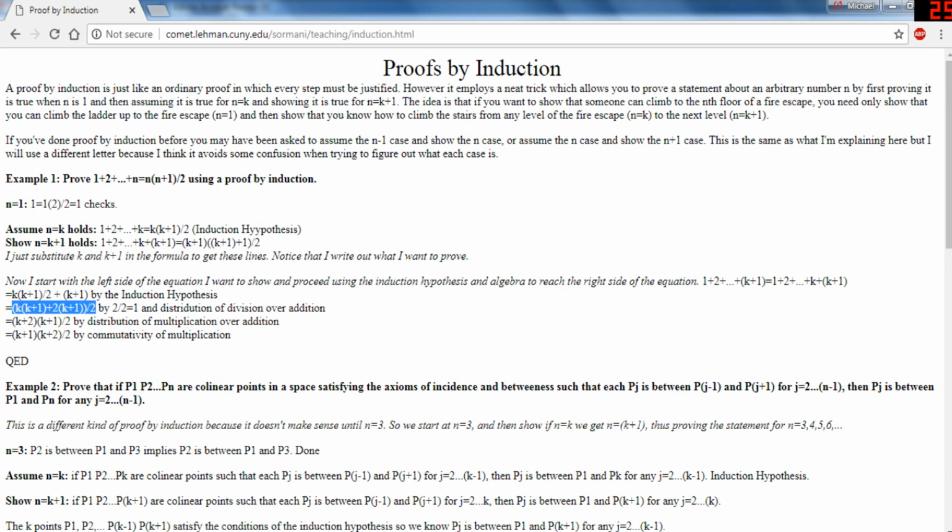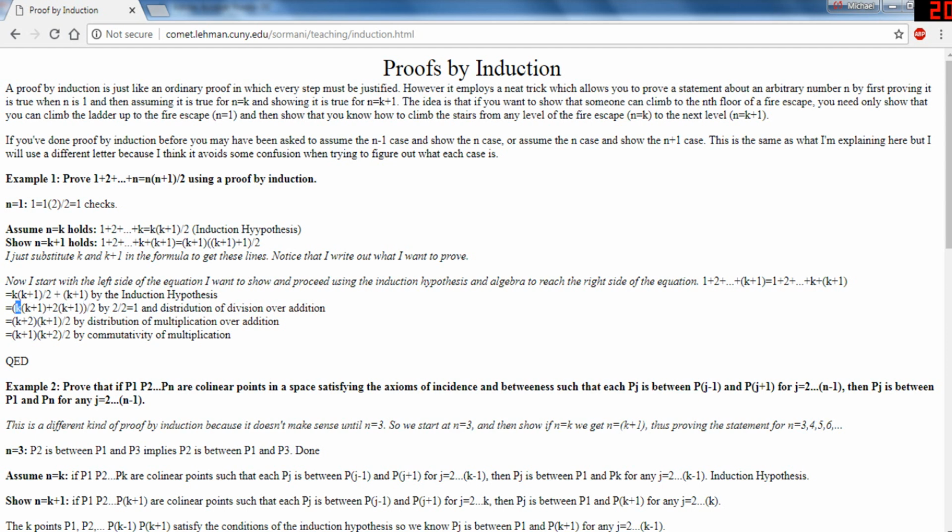So by 2 over 2 equal to 1, this is distribution over division. They are basically going to factor. So they factored this out. They factor k plus 1 out. So they took k plus 1 from both of these terms and factored it out here, right?